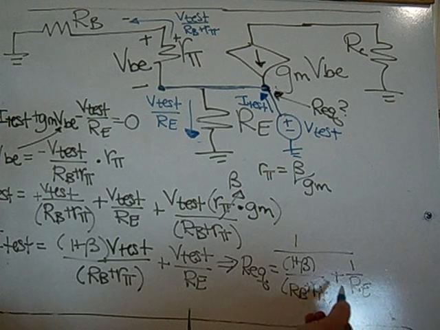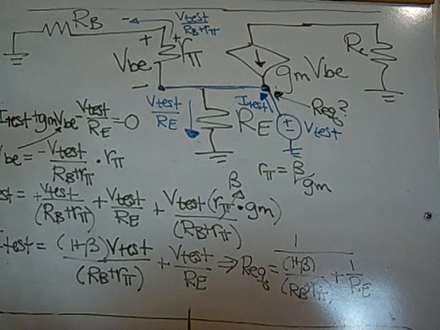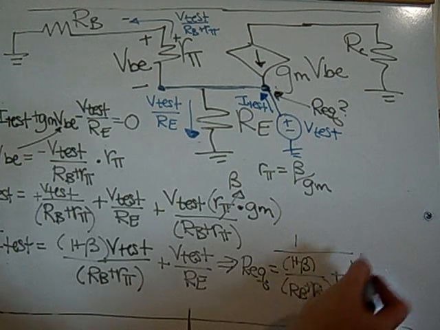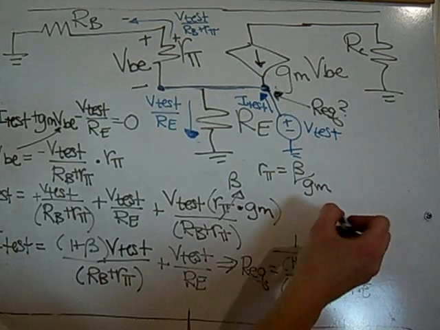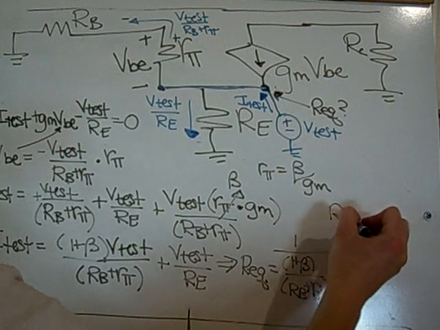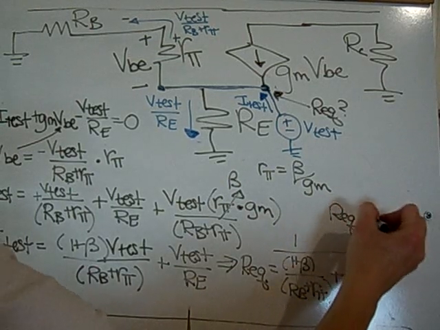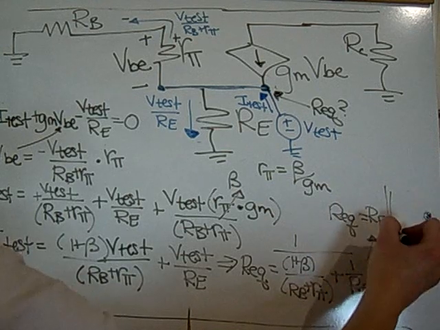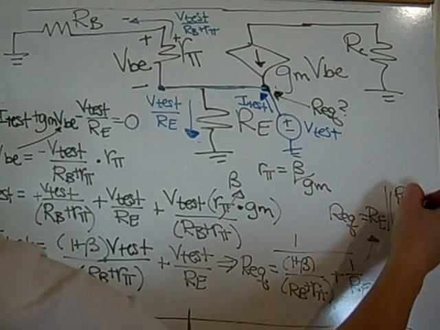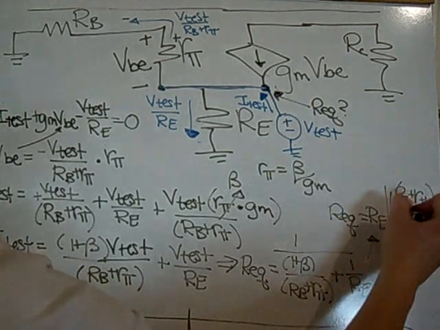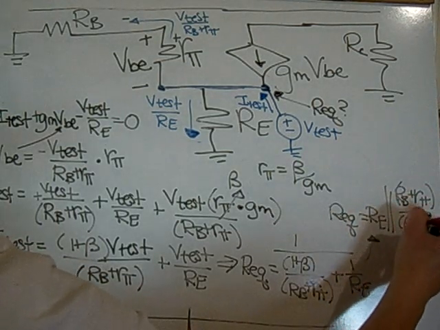Now this looks like the equivalent RE in parallel with RB plus R pi over beta plus 1. So our equivalent is RE in parallel with RB plus R pi over beta plus 1.